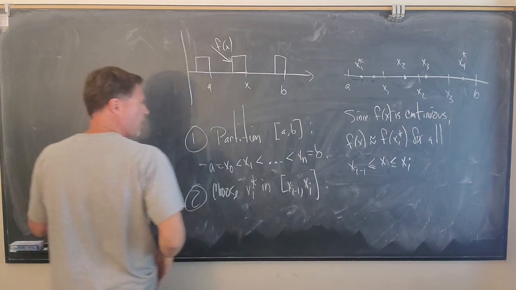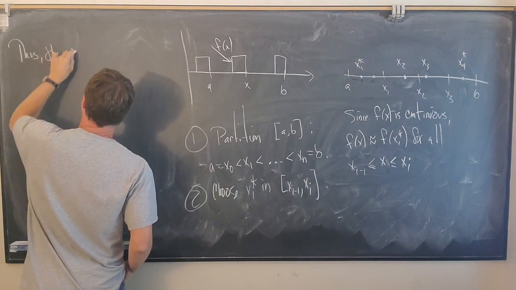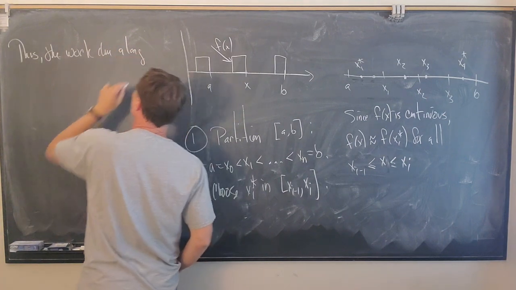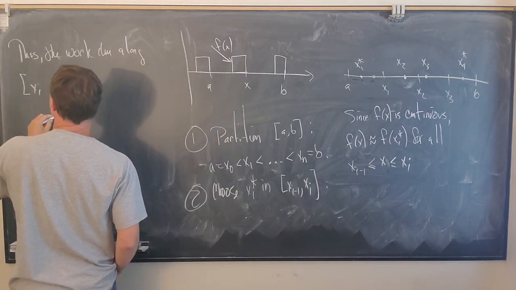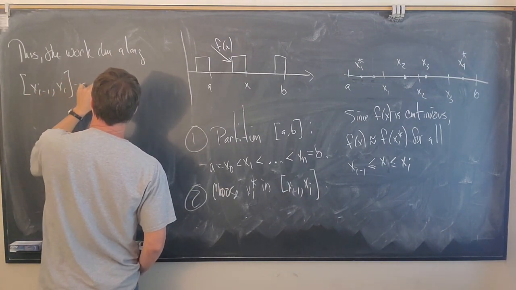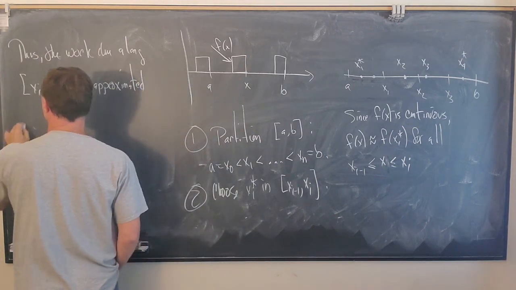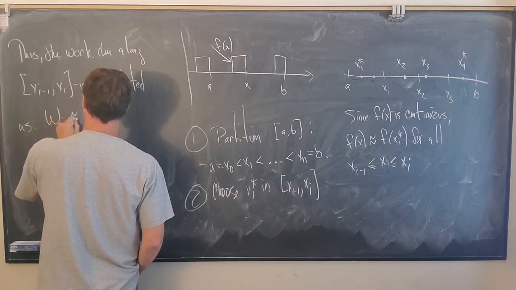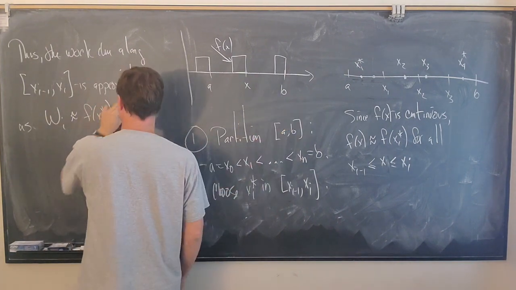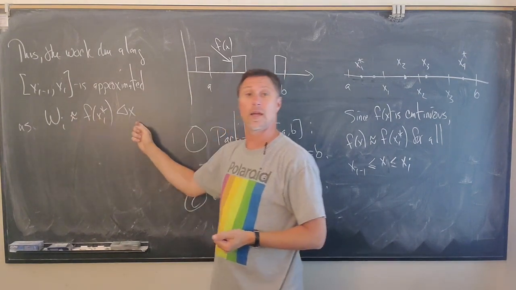Continuing on this, we can say, thus, the work done along the subinterval from x sub i minus 1 to x sub i, let's call it w sub i, is approximately equal to f of x_i star times the length of that subinterval, which we call delta x. So the work is approximately equal to f of x_i star times delta x.